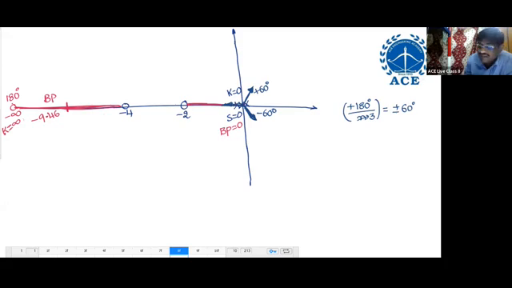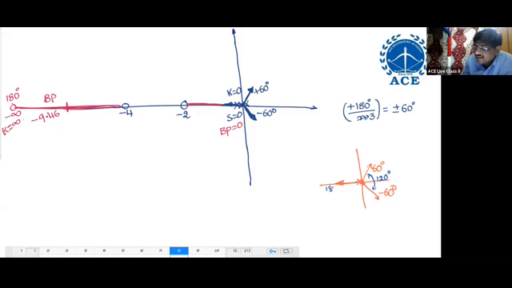So what is the phase shift here? 3 poles are there. One pole at 60, another at minus 60, another on the left side, because the root locus branch is there. Check the phase shift. 60 to minus 60, 120.